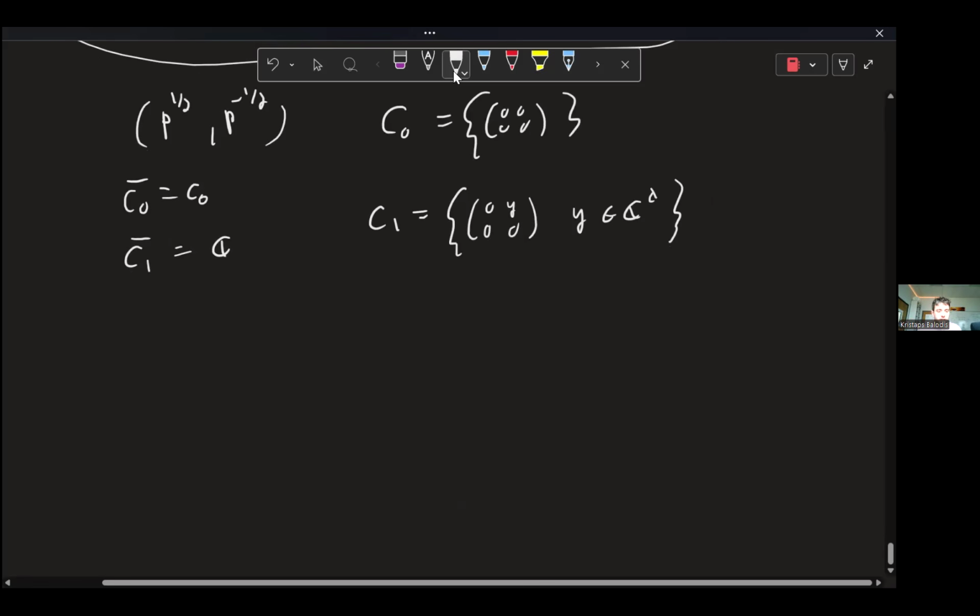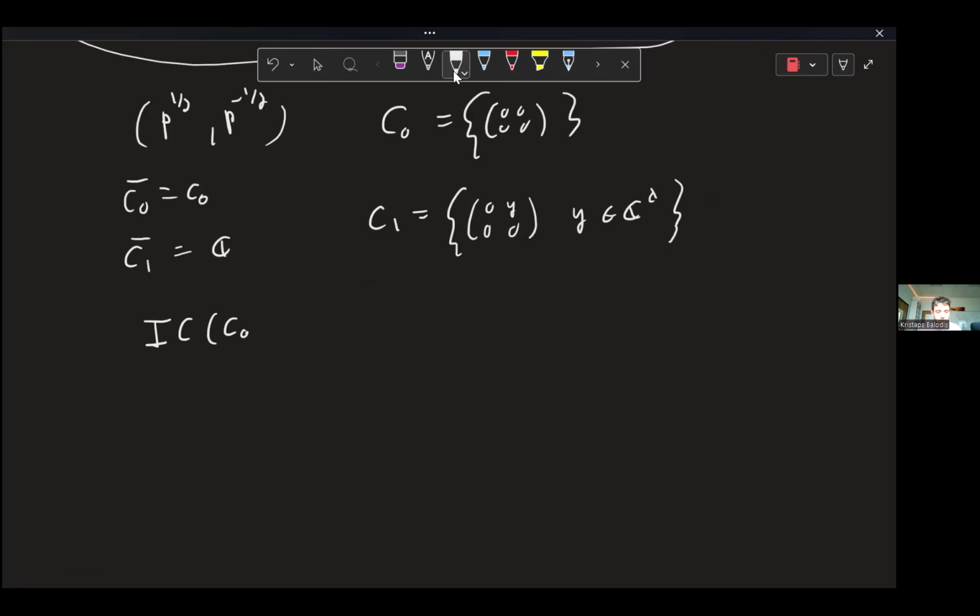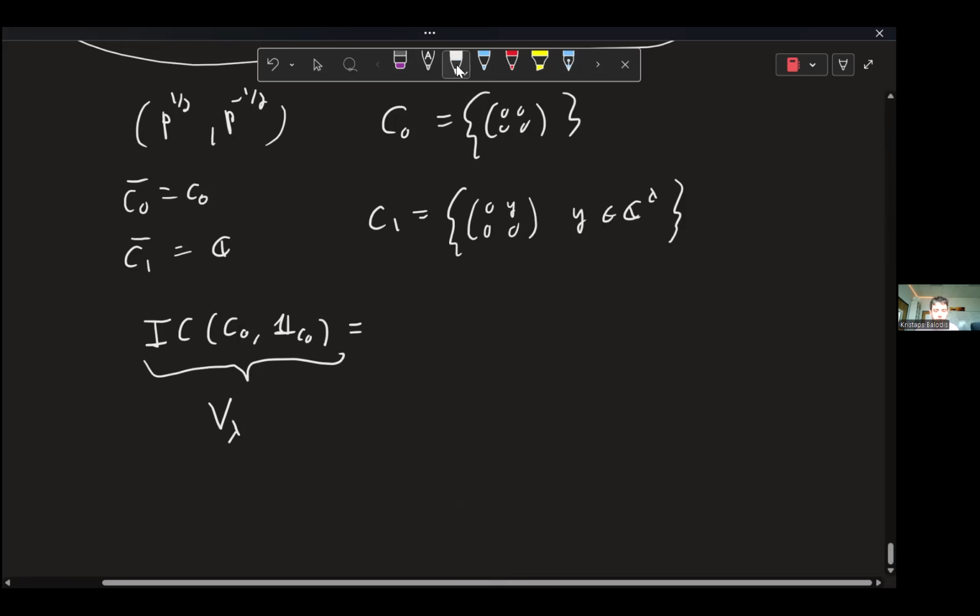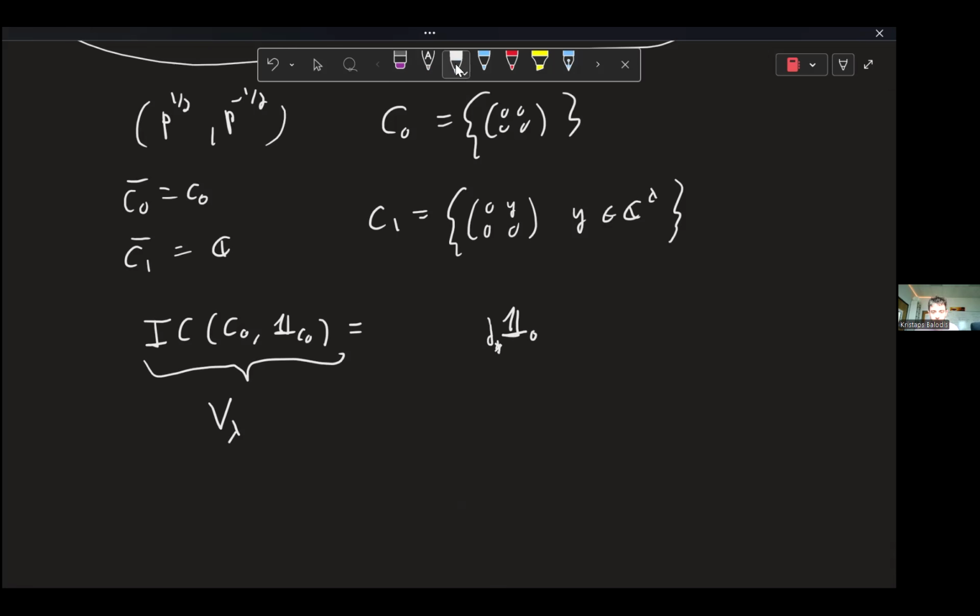So the intersection cohomology complex of the constant sheaf on the trivial orbit C naught is just the sequence that has, let me say it this way, because this should be a sheaf on the entire variety V lambda, the skyscraper sheaf. This is notation for the skyscraper sheaf on V lambda.